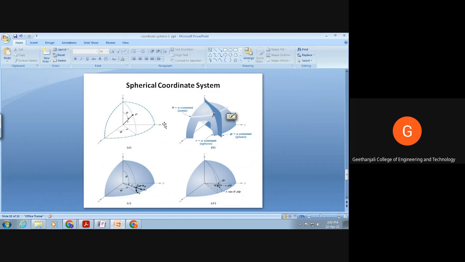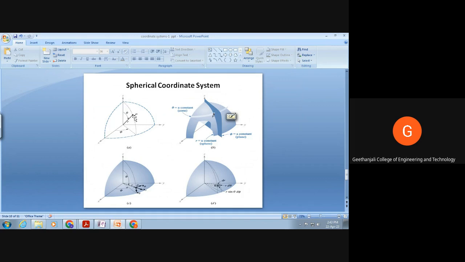And here once again you can see that the distance from the origin to point P is r, this angle is theta, and this is phi. Phi means, once again, the xz plane is taken as a reference plane for measuring phi. We say that is phi equal to 0. As it is, this xz plane is not passing through point P. To make that plane pass through point P, I have to rotate it by an angle of phi.